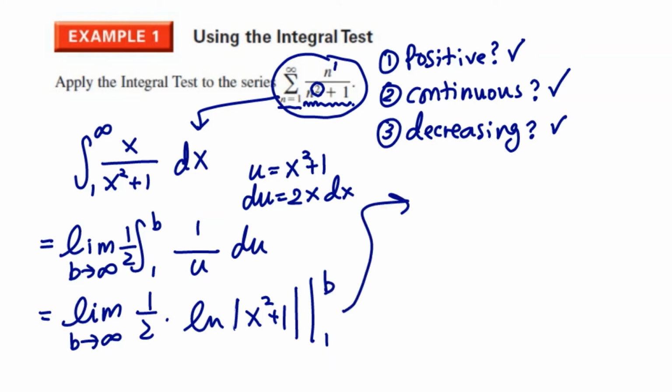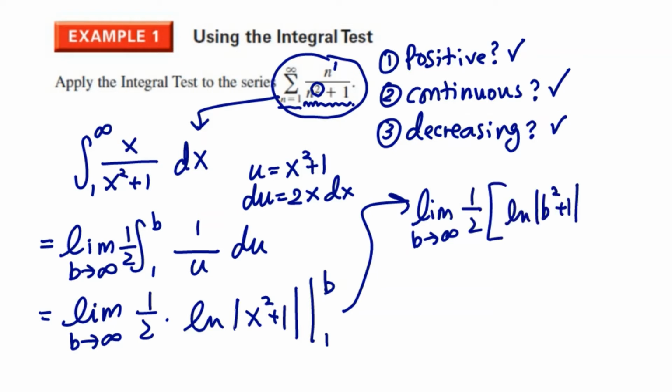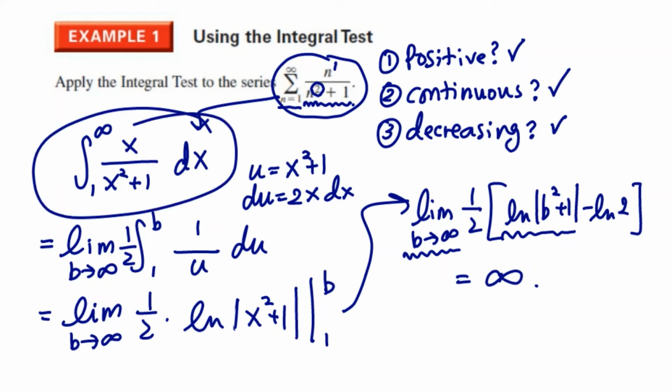So I have the limit as b goes to infinity of 1 over 2 times ln(b squared plus 1) minus ln 2. As b goes to infinity, I get infinity. So the integral diverges, so the series also diverges.